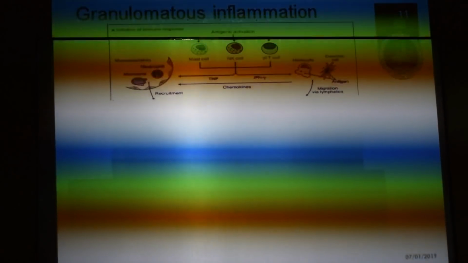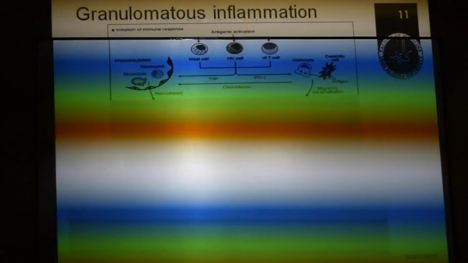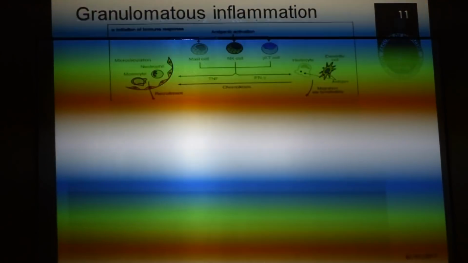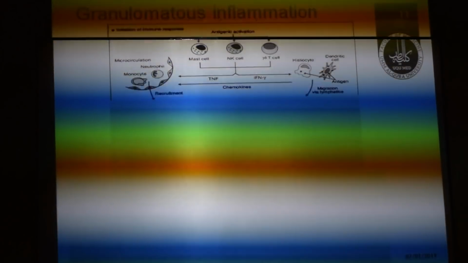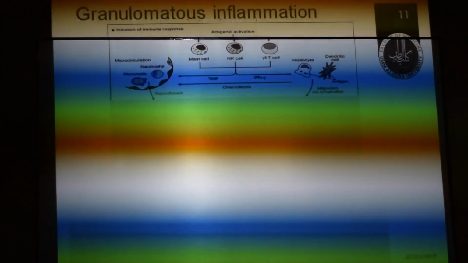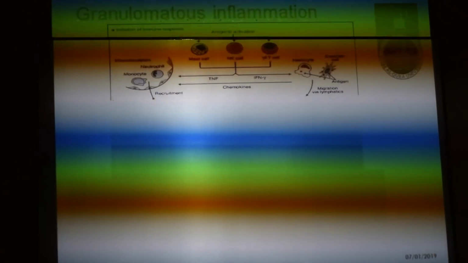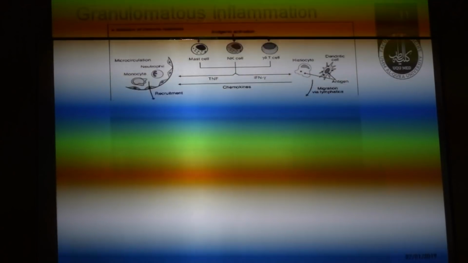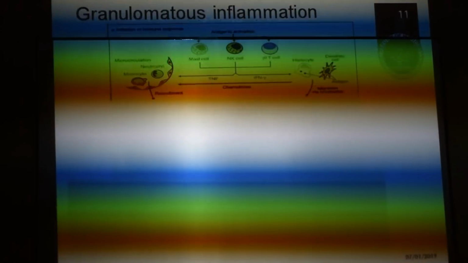The natural killer cells are capable of producing TNF, tumor necrosis factor, and also interferon gamma. These are the two main cytokines involved in the initiation, and interferon gamma then matures the granuloma. Finally, it's converted into a mature granuloma as a result of interferon gamma.